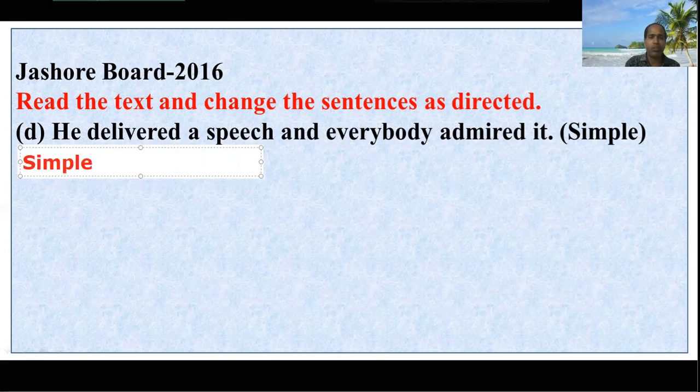Simple. First you have to write "After the" plus this verb, changed into a noun: delivered, noun, delivery.